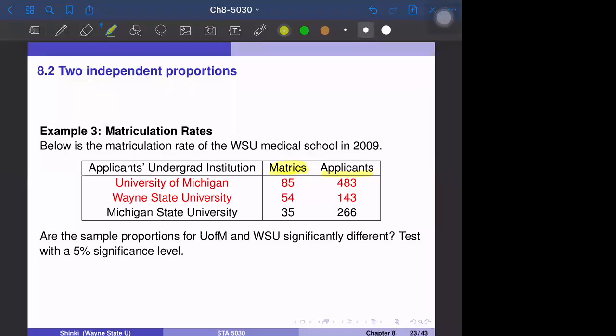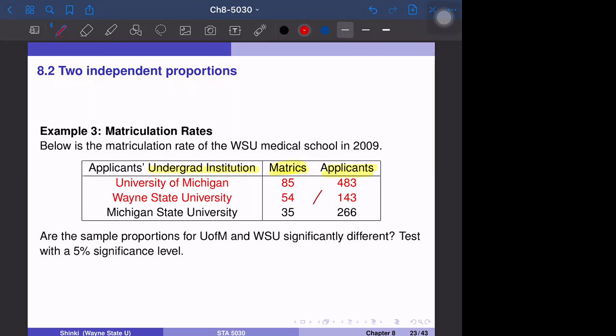So you can compare this ratio by undergraduate institution of the medical students. You can see that if you graduated from Wayne State University, then more students entered WSU, the medical school. So 54 out of 143.